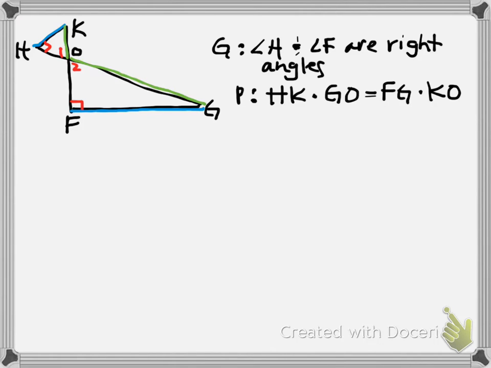Okay. So let's see if we can figure out how to write a proportion. So let's do HK, so long leg is to long leg as hypotenuse is to hypotenuse.